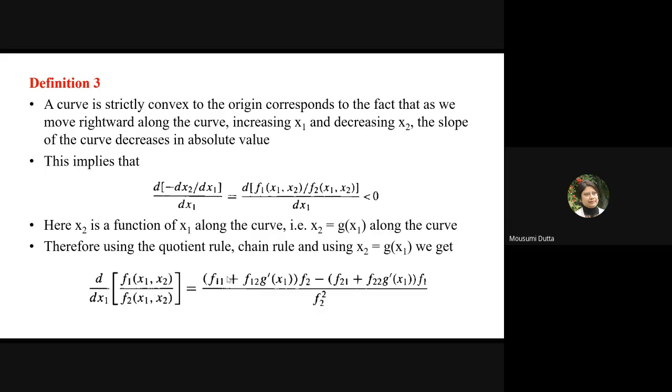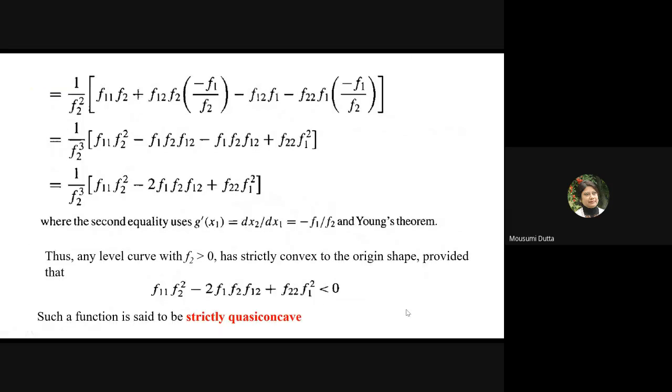Here x2 is a function of x1 along the curve, that is x2 is equal to g(x1) along the curve. Therefore, using the quotient rule or the chain rule and using x2 is equal to g(x1), we can also develop this kind of expression. So are you familiar with these steps and then these rules?